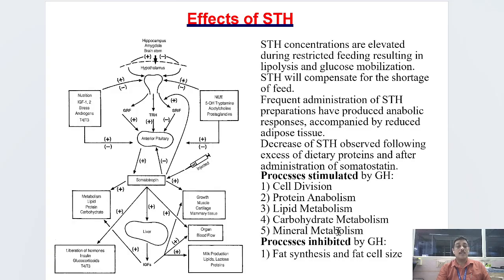It also has an effect on mineral metabolism, and this plays a very important role. We'll be discussing that in detail in the next topic. So this is all the information that you should know about somatotropic hormone.